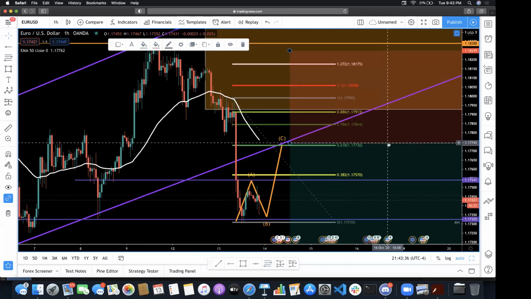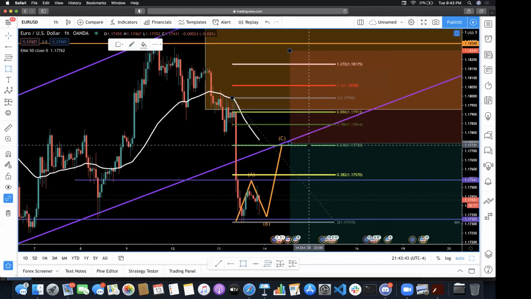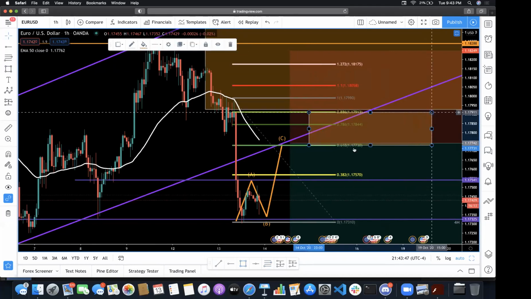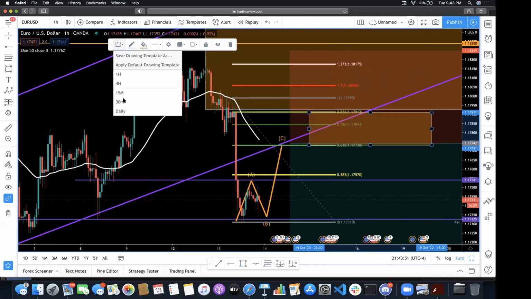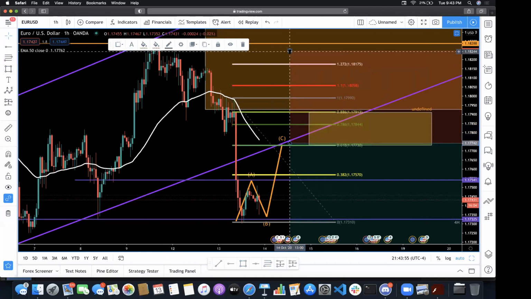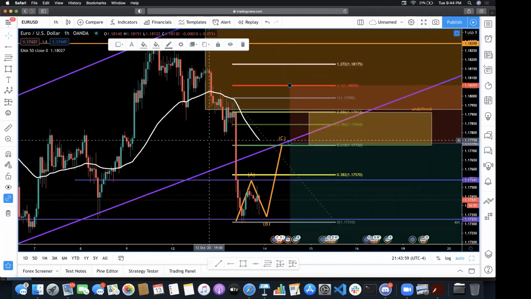I haven't moved that at all. So coincidentally, it's right in alignment with our entry box, the bottom at our 618. So I want to delineate that. I can then shorten my stop loss again, right?